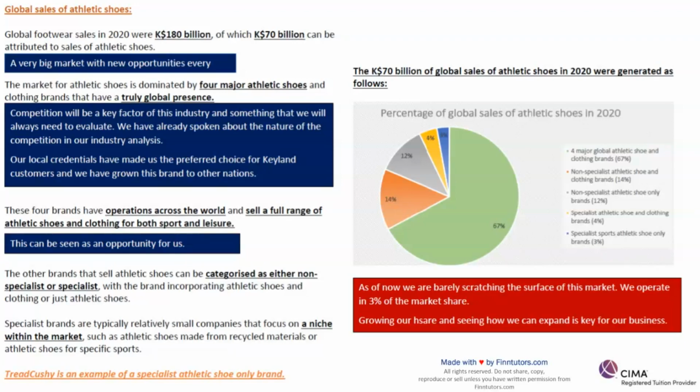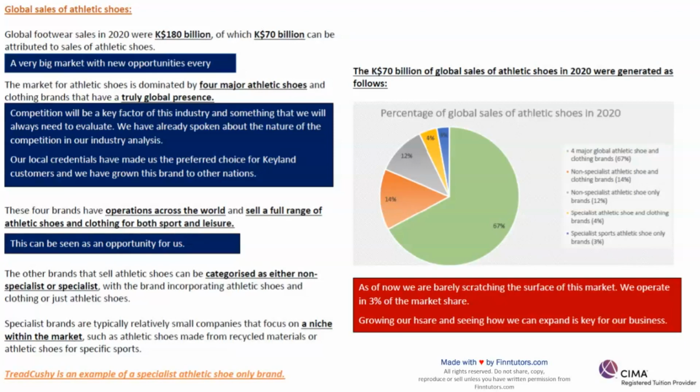For us, our local credentials have made us the preferred choice for Keelan customers, and we have grown this brand to other nations. These 4 brands have operations all across the world and sell a full range of athletic shoes and clothing. This can be an opportunity for us. We are only selling athletic shoes, but our management is keen to expand into clothing.